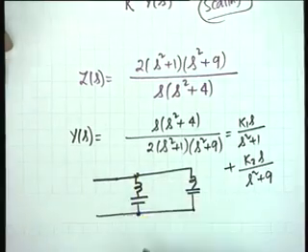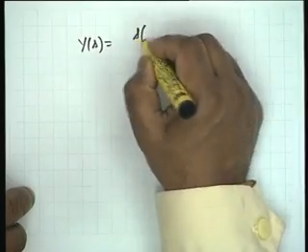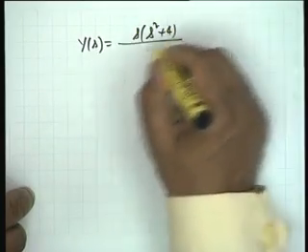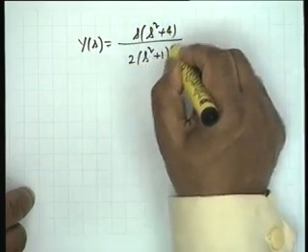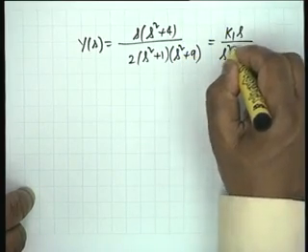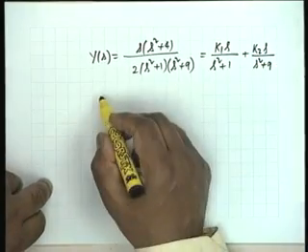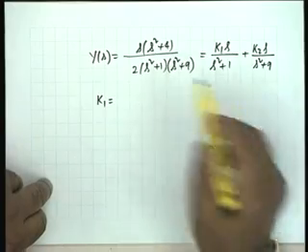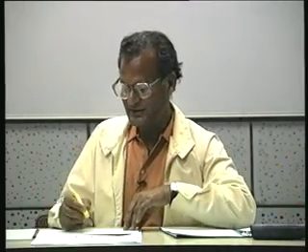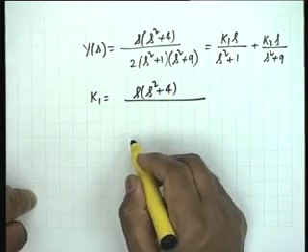All right. To find out the K's, y of s is s times s square plus 4 divided by 2 s square plus 1 s square plus 9. This is equal to k1 s divided by s square plus 1 plus k2 s divided by s square plus 9. So for k1 we multiply by s square plus 1. With a little bit of practice you do not even have to write this, or you write in abbreviated form. For example, I do not write this function again. What I do is s times s square, the numerator shall remain the same, 3 by 16.